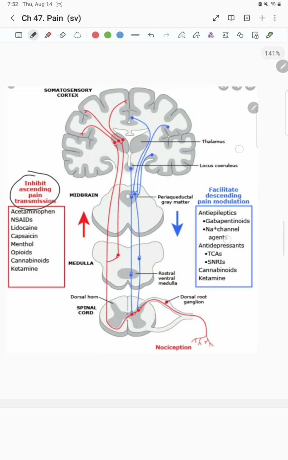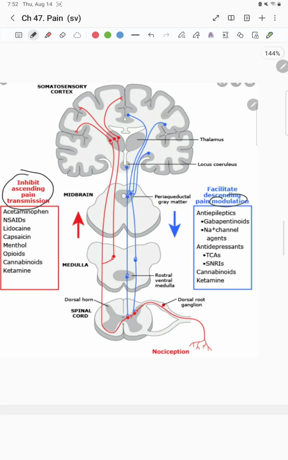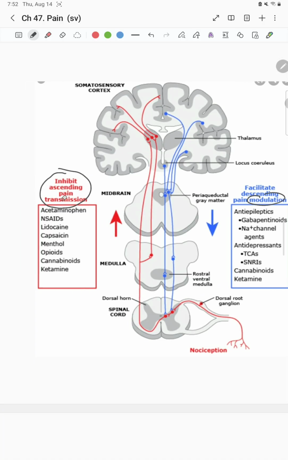More specifically, the pain modulation for descending and pain modulation for ascending. So in other words, if a person is experiencing pain, the question is, what kind of medication should we give this person? Should we give this person ascending pain blockers or descending pain blockers? So here's some examples.